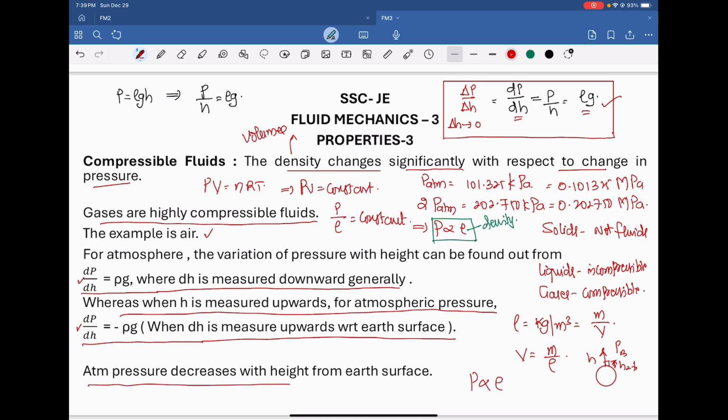This is H2. Here we have measured downwards for this equation. Whereas for the atmosphere, when we measure in the upward direction, dP by dH will be minus rho g. Hence, we conclude that atmospheric pressure decreases with height from the earth's surface.